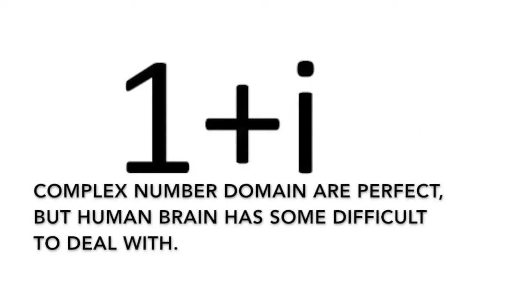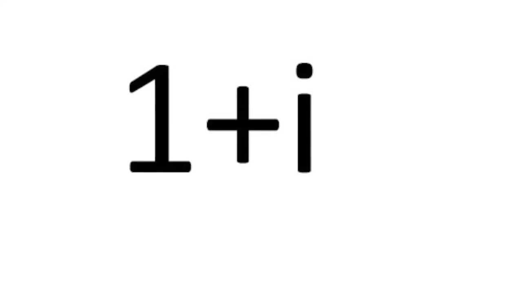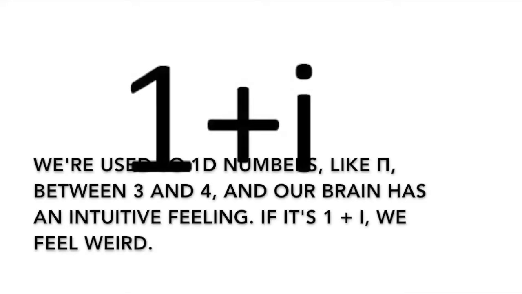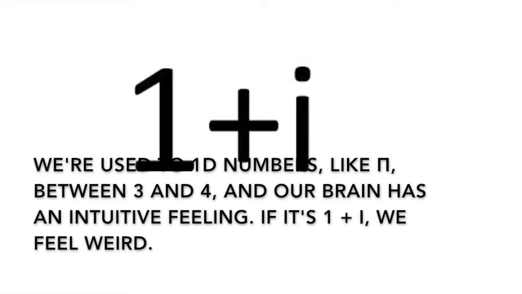The complex number domain is perfect, but the human brain has some difficulty dealing with it. We are used to one-dimensional numbers, like pi, between 3 and 4, and our brain has an intuitive feeling.